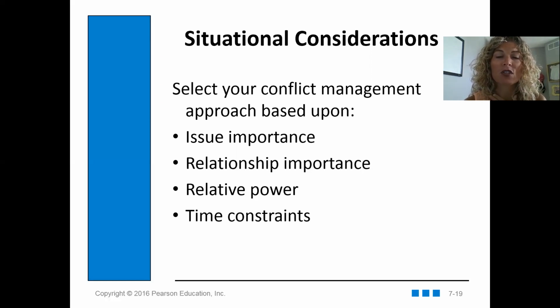I'm very concerned about this issue, and I'm not just going to cave. I'm not just going to give in to what the other person wants, and I'm not just going to avoid this because I'm so passionate about this issue. So right there, with that first consideration, I narrow it down to two strategies.